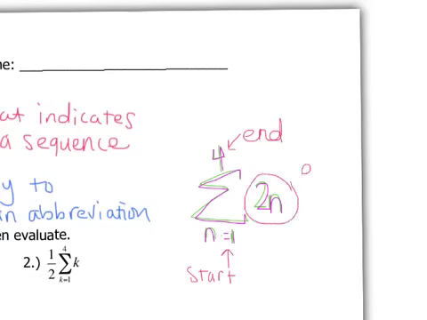This is our explicit formula. So those of you that have not watched the video from last time, this is not going to sound familiar. But that 2n is our explicit formula to actually find the actual terms.